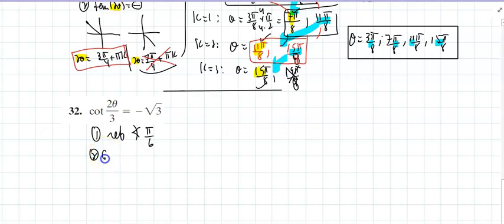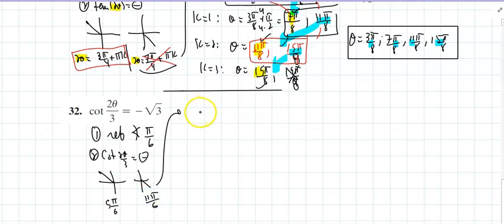2, where is the cotan of any angle negative? That is either in quadrant 2 or 4. In quadrant 2 it is 5 pi over 6, and in quadrant 4 it's 11 pi over 6. But if I just say, you know what, let's take 5 pi over 6 plus pi k, that's sufficient only for tan and cotan. What equals that? The angle. This is the first place where we use the angle algebraically.